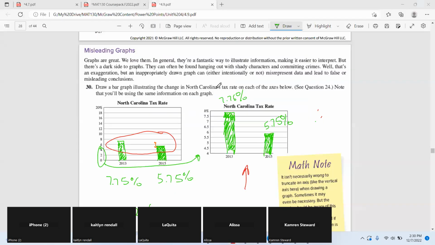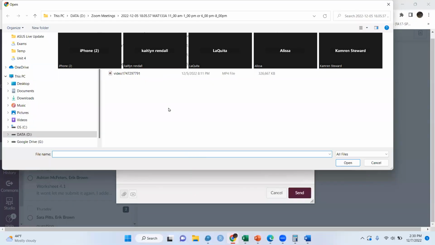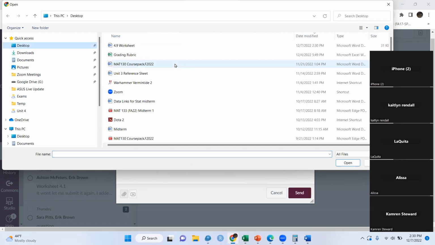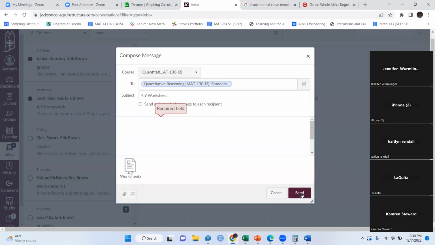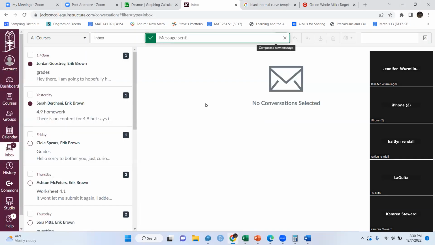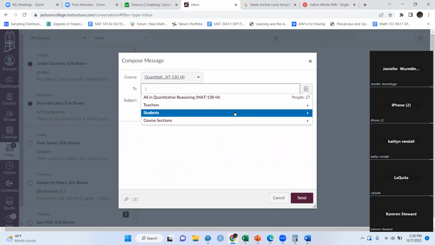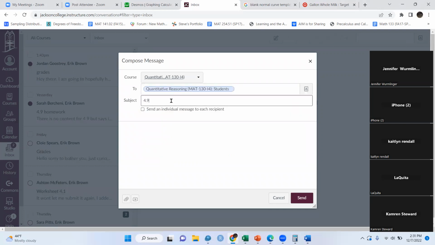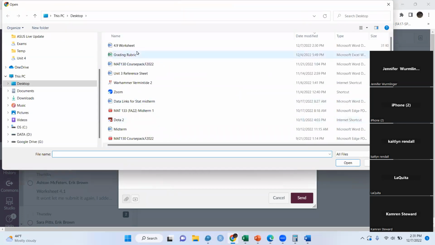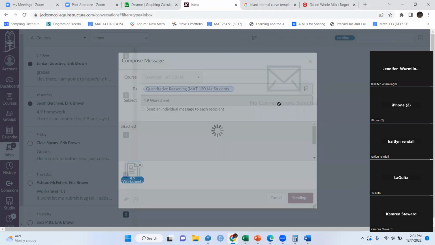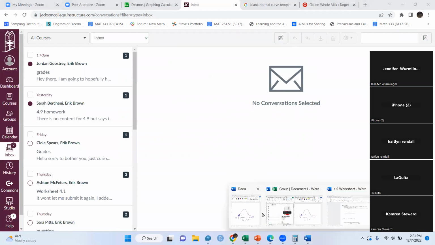So sorry you have to do this digitally, but it is what it is. Okay, here we go.